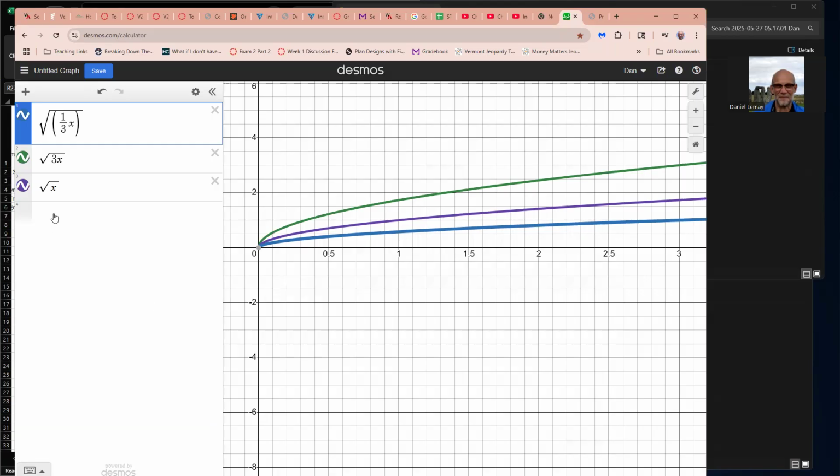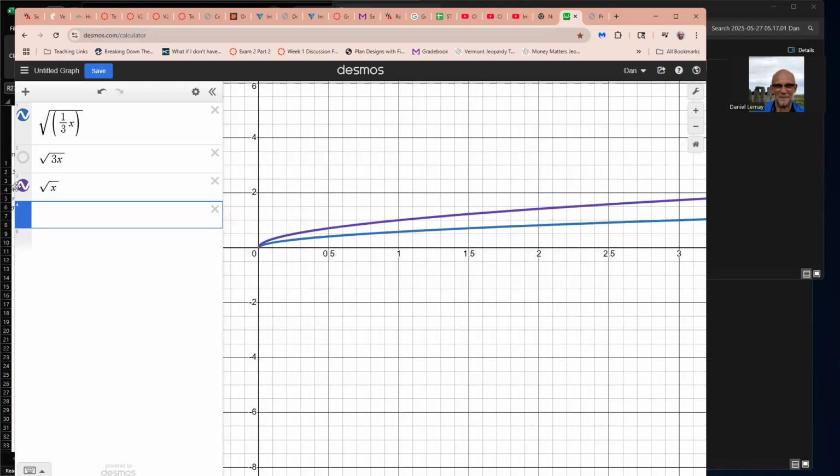If I wanted to write one third square root of x, I could do square root of 1/3, and then go outside and do the square root of x. And you see how it's exactly the same?